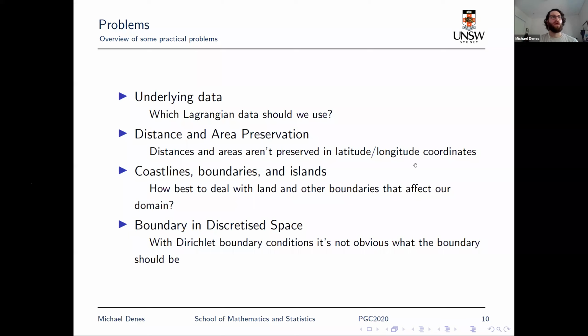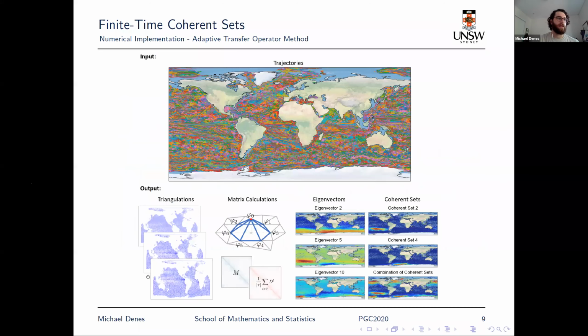I could be wrong. So the four main things I'll discuss in this section are what Lagrangian data should we use, what sort of coordinate system should we use, how do we deal with coastlines, boundaries, and islands. So I'll just scroll back up. You might see in here in the triangulations, the continents are missing, whereas when we build the triangulations, you don't account for that just yet.